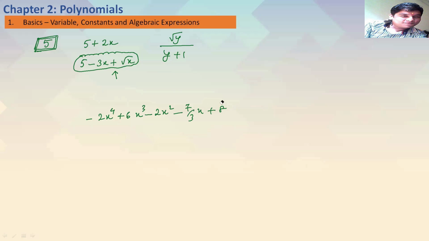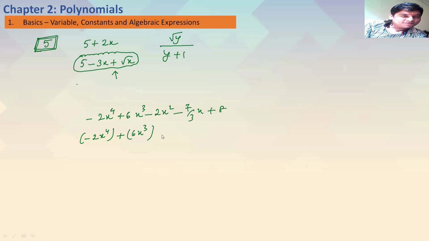Now how many terms do you see here? 1, 2, 3, 4, 5 terms. So you know about terms already. A term is a unit, like minus 4x plus 6x cube.